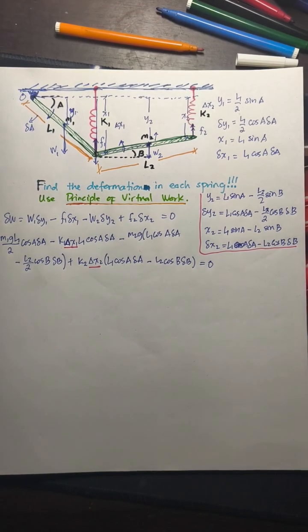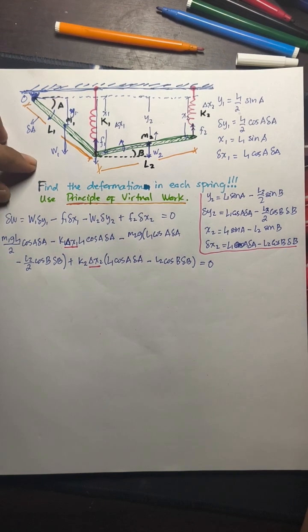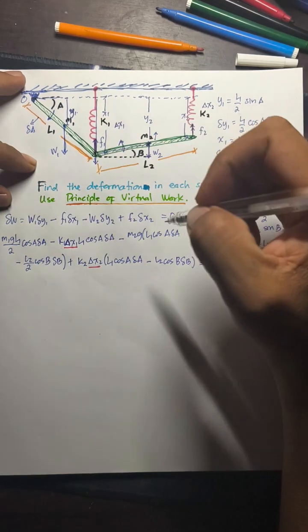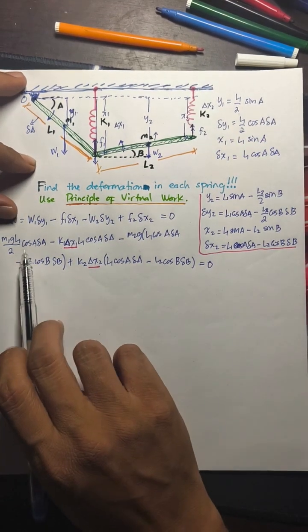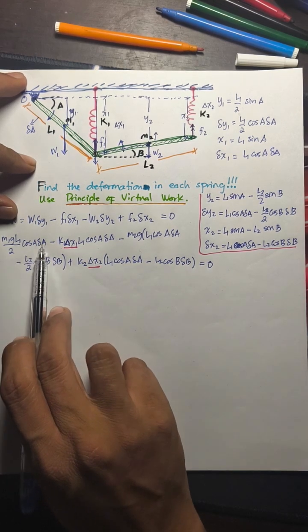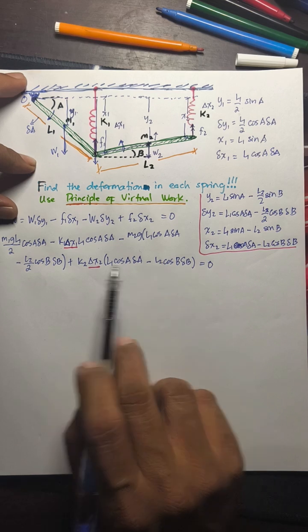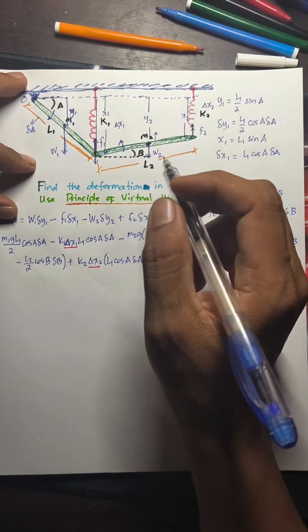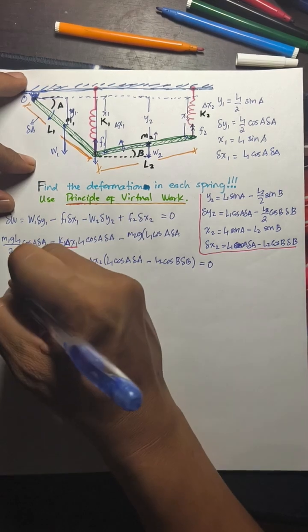All we have to do is group all the delta A's and group all the delta B's. Since all delta A has cosine A, I can just factor out cosine A delta A for each. So for delta A, we have this M1 G L1.